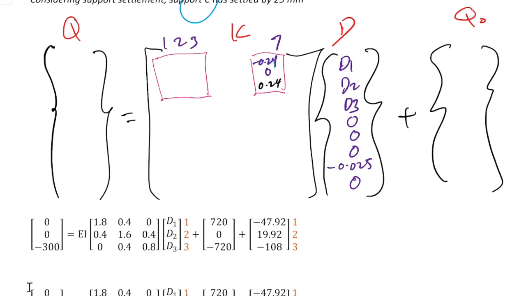I will put directly the value here, negative 672.08. So we move to 0 minus 19.92, remain negative 19.92.